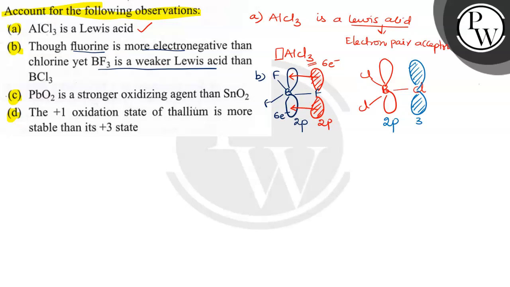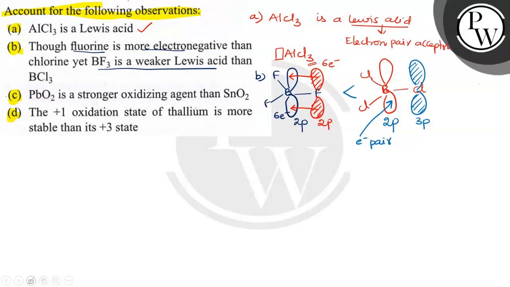Means this is the 3p orbital which is in the outermost shell. So here back bonding ability is less compared to this one. So as back bonding is less, it is ready to accept an electron pair. So that's why BCl3 has more Lewis acidic character compared to BF3. Because of back bonding, BF3 is unable to accept electrons. So hence it is a weaker Lewis acid.